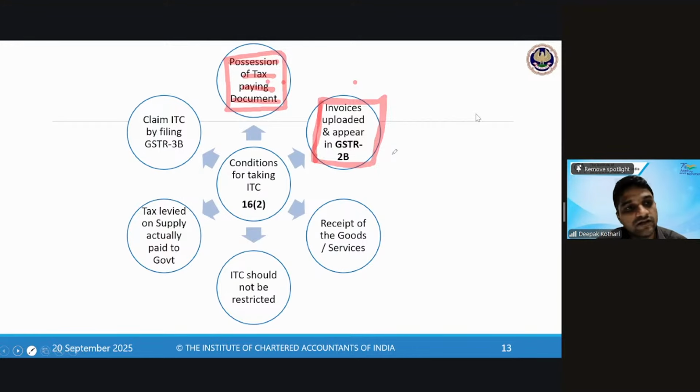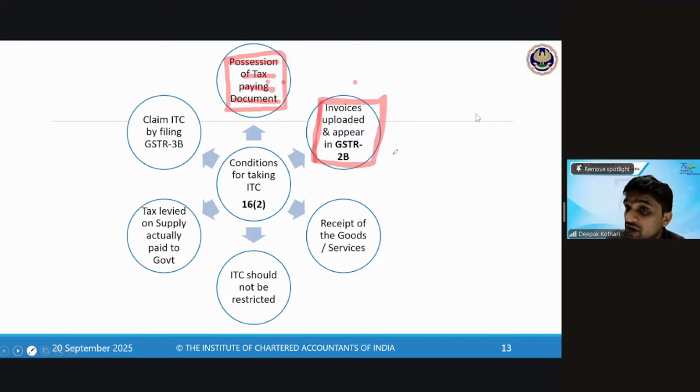The supplier should include that in his filing when he does his filing in GSTR 1. Once he files in his GSTR 1, there he has to mention your GSTIN number. Once he mentions that, it will appear in one statement which is called as GSTR 2B. So that will appear in your GSTR 2B statement.